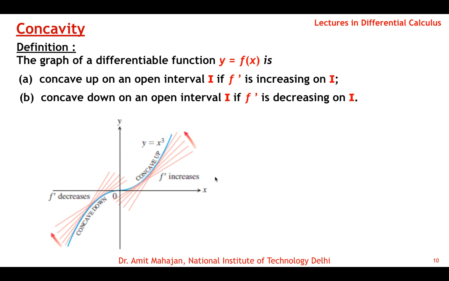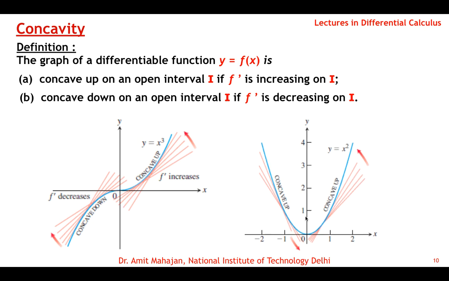And say for example the y is equal to x square curve. If you calculate the slope on this left side, the slope at this point will be negative, and then again negative, then again negative. But as we move on, this negative slope value is decreasing, so that means slope is actually increasing.